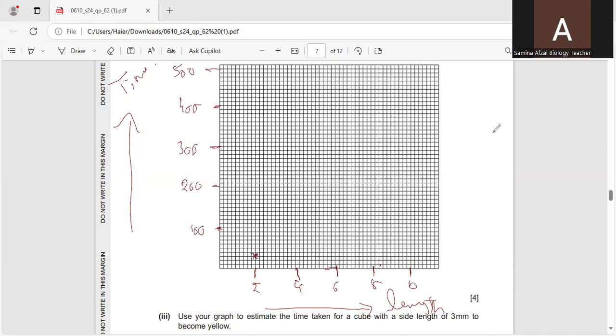So it will be 1, 2, 3, 4, 5, 6, in this way. And at 6, it is 170. So it will be over here.